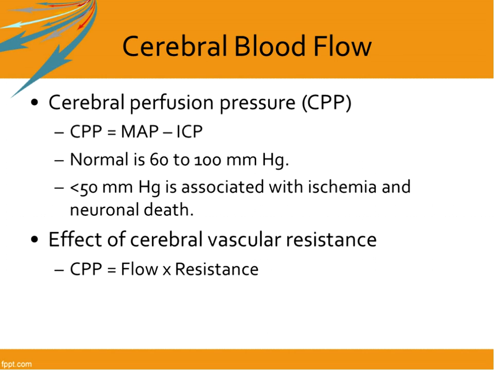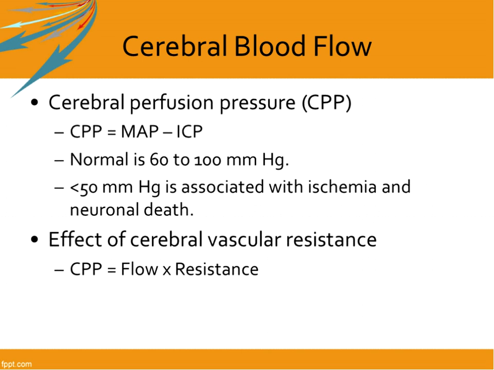Okay, this slide reminds you a little bit about MAP, and it talks about cerebral perfusion. You can see in the text, table 57-1, how you calculate cerebral perfusion pressure. Let me back up.